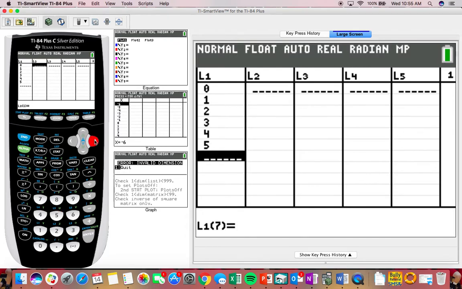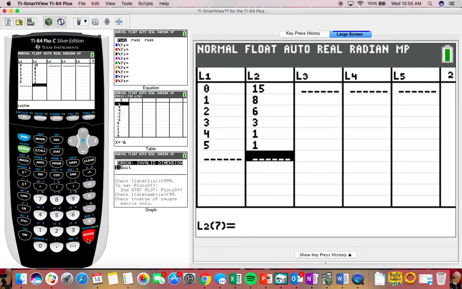The second column is going to be the number of M&Ms. In that second column, type in 15, then 8, then 6, then 3, then 1, and remember we're not including where it was 0.